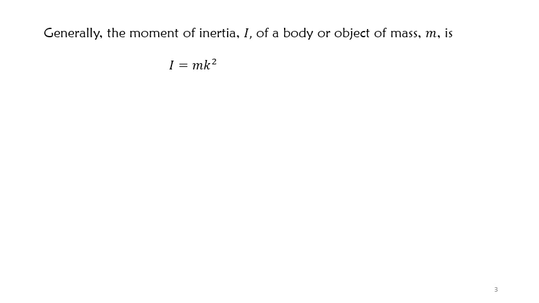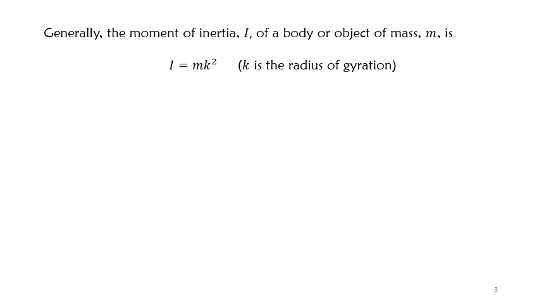Generally, moment of inertia of a body is given as I equals mk squared. So m is the mass, which I told you affects the inertia; bodies of different masses have different inertia. And k is the radius of gyration.